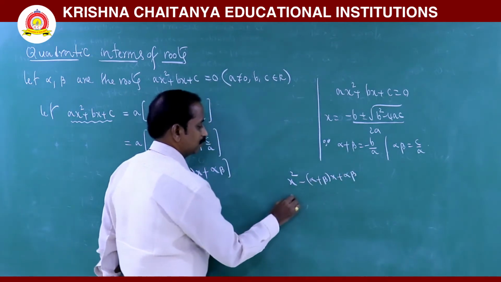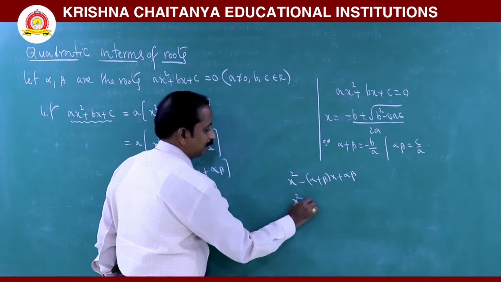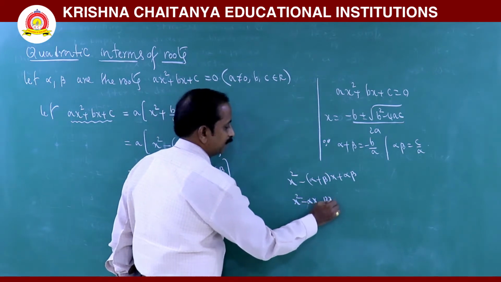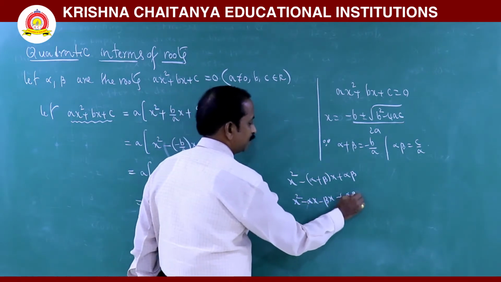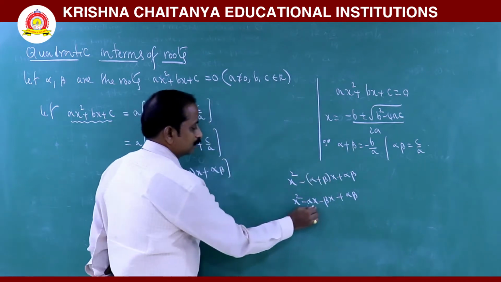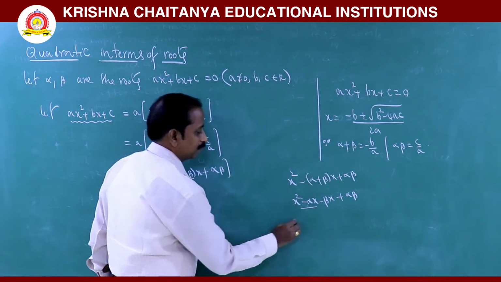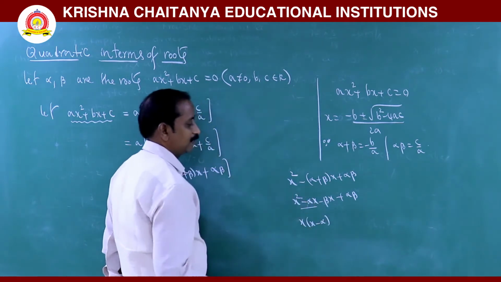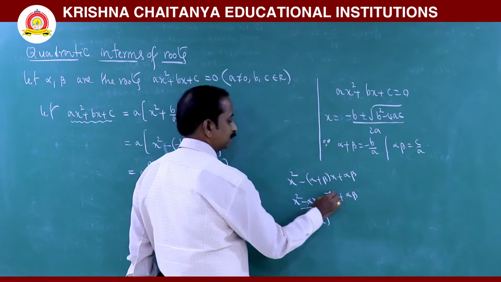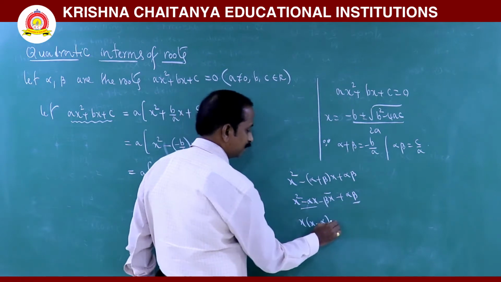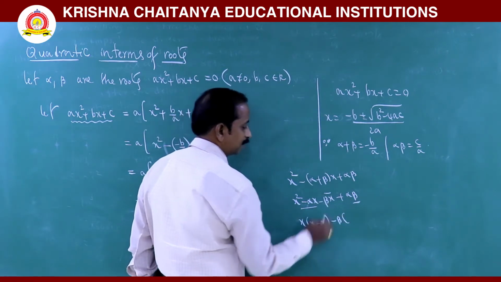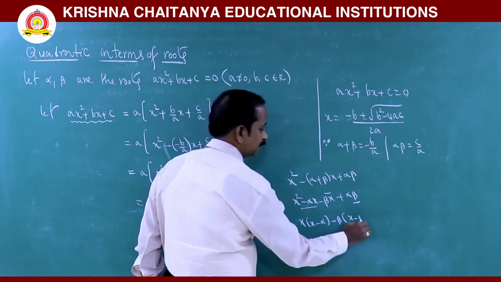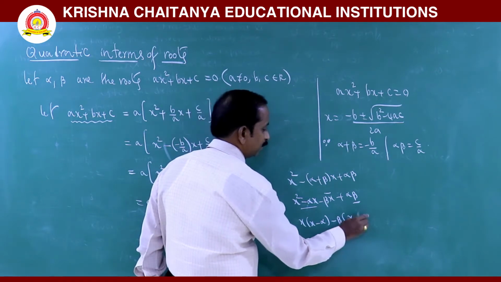Multiply with x: x square minus alpha x minus beta x plus alpha into beta. Now in the first two terms x is common, so it becomes x into x minus alpha, and remaining minus beta x plus alpha beta, minus beta is common, then remaining is x minus alpha.